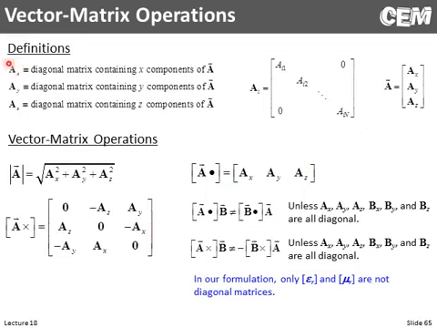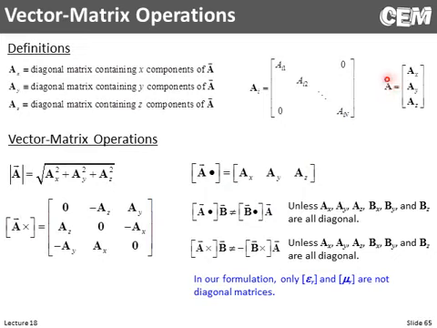And in this case, it's a diagonal matrix containing all the x components of some vector A. A sub y will be a diagonal matrix containing all the y components of the same vector A, and A sub z is a diagonal matrix containing all the z components of A. So for one of the components, it could be x, y, or z. We just see we have all those components of A, and there'll be n number of those.